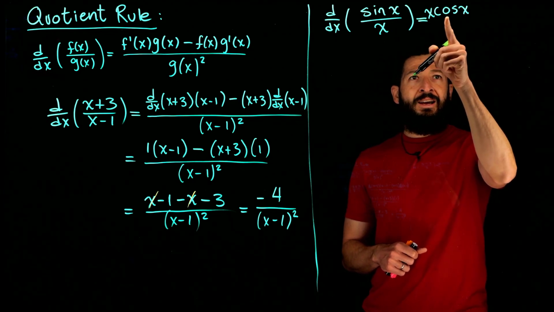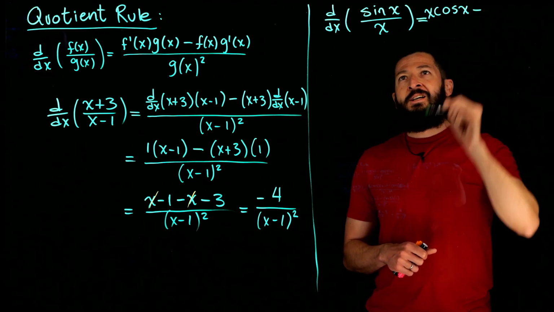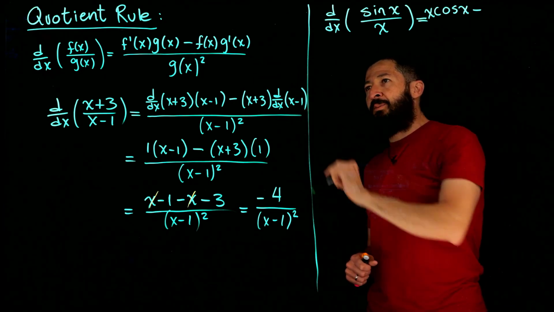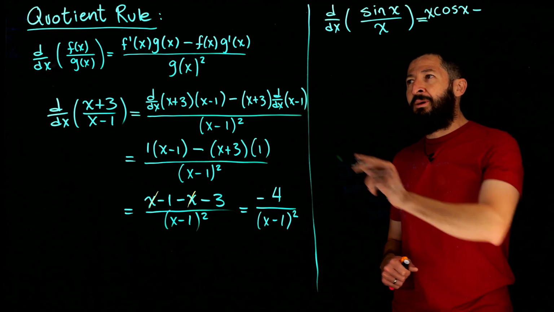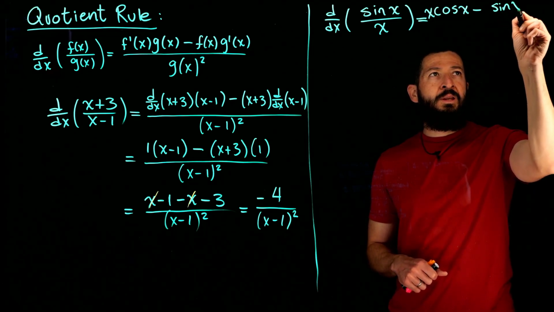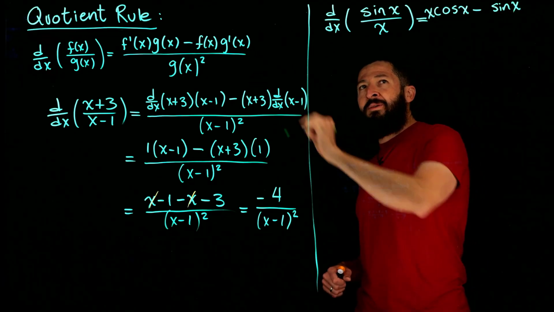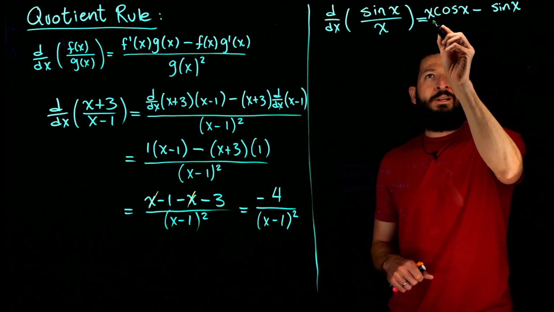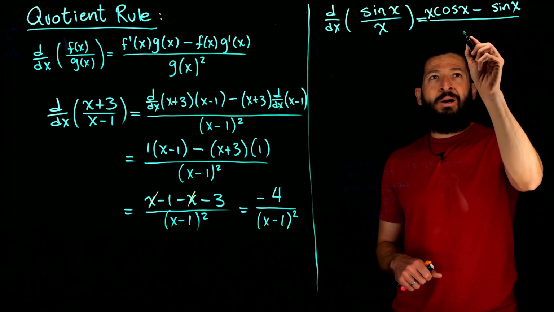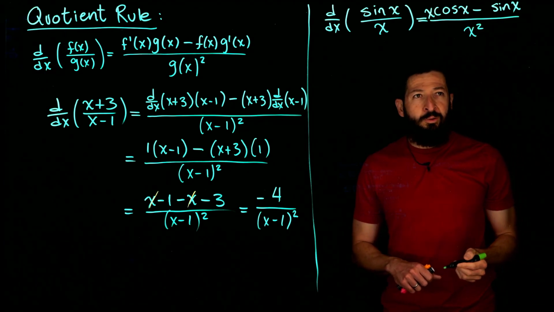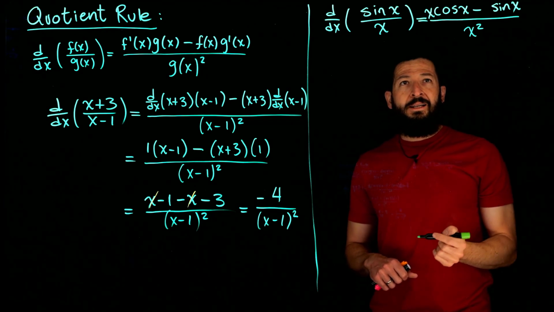So I wrote g f prime minus, now derivative of the bottom, that's going to be your g prime, but in the order we have it written, we are going to just copy first the sine. And so times the derivative of the bottom, derivative of x, which is 1, so we just need to now divide by x squared. And that right there gives you your derivative. So that one turned out to be quite easy.